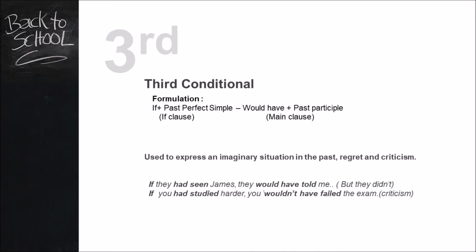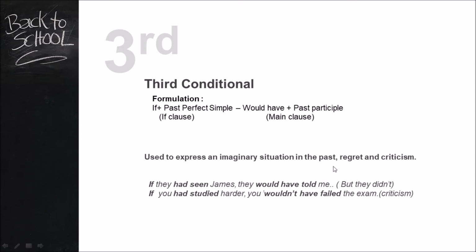Let's see. If, past perfect simple, had seen. If they had seen James, then the main clause, they would have told me. Would have plus past participle of the main verb: would have told me. If they had seen James, they would have told me, but they didn't.